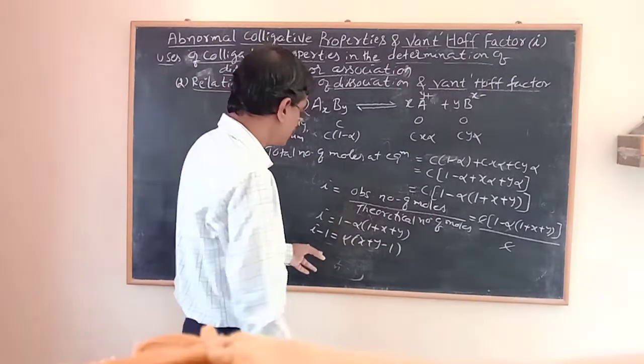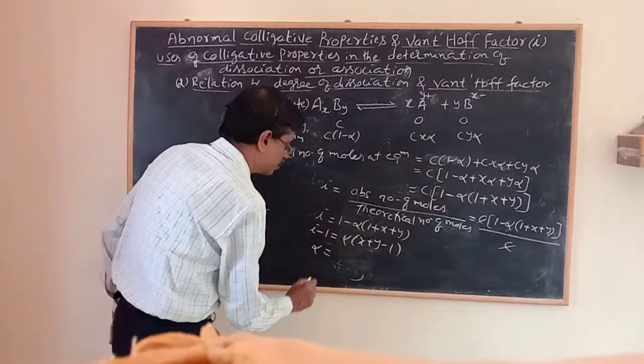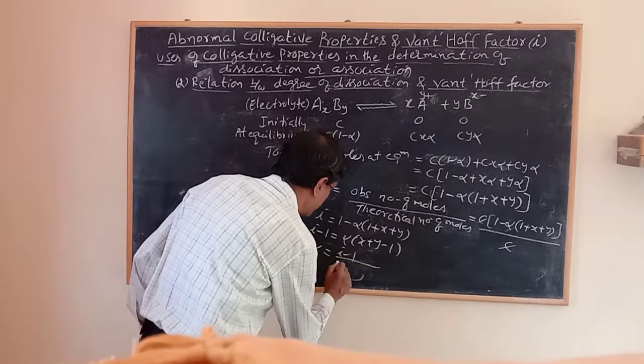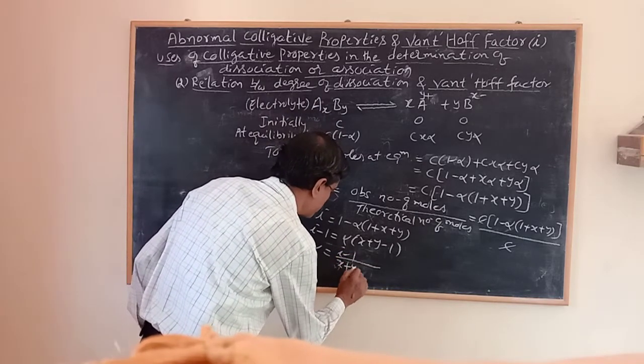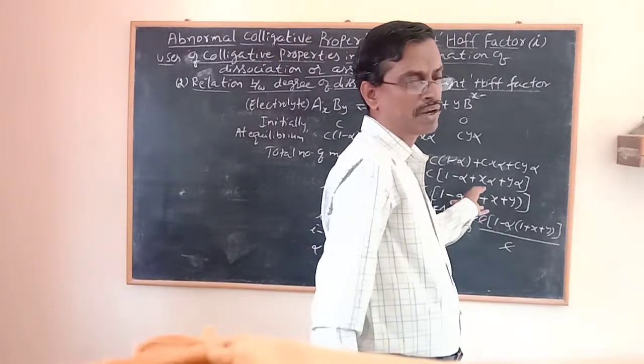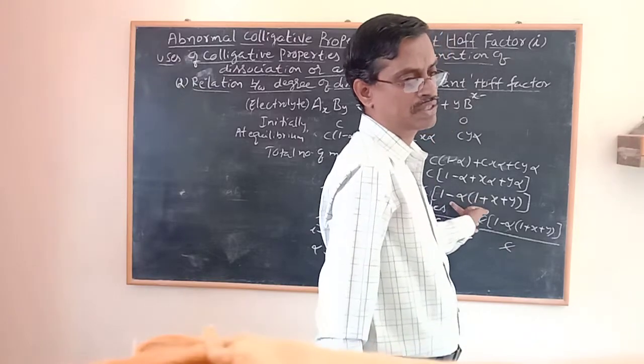Then we have to calculate alpha now. Alpha is equal to I minus 1 divided by x plus y minus 1. So from this also we can calculate the degree of dissociation.